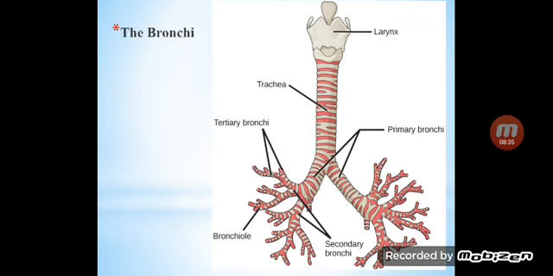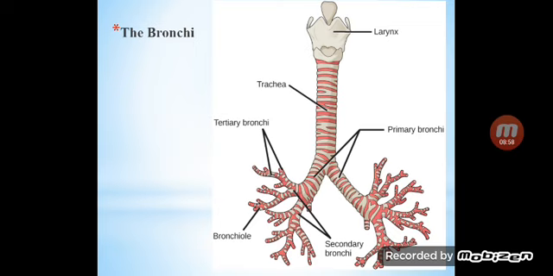The right and left main bronchi will divide more and give origin to further divisions of more bronchi. Then these bronchi will divide to give origin to several million terminal bronchioles.